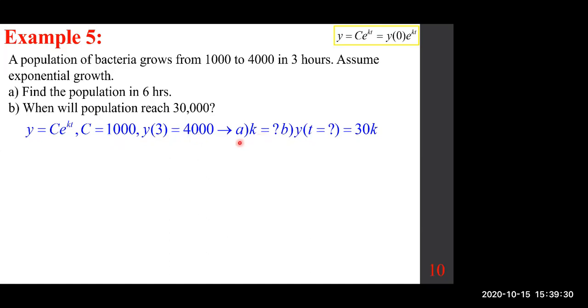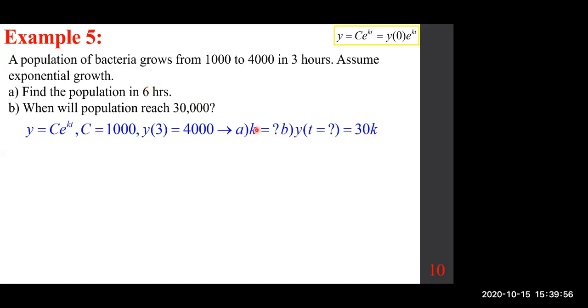Now first, when we want to find the population in 6 hours, we need to find the k. In other words, we need to find the formula. And therefore, in 6 hours, that's how we get to part A. And then part B, at what point is 30,000? So pay attention to what happens in part A. First, you need to find the formula. Then you plug in 6.